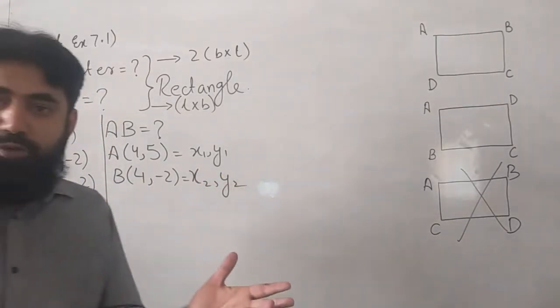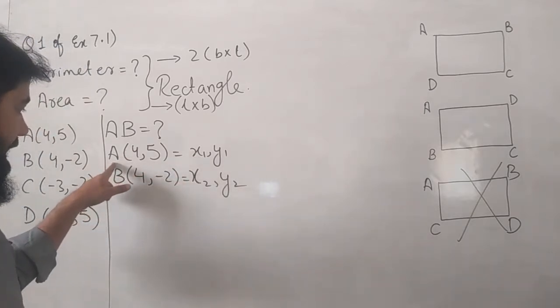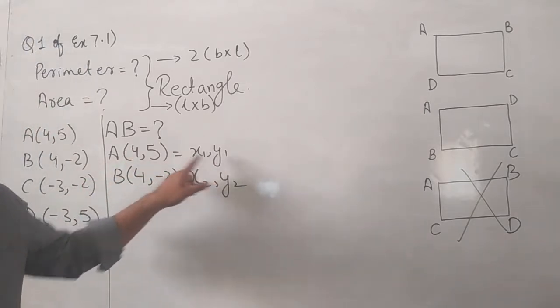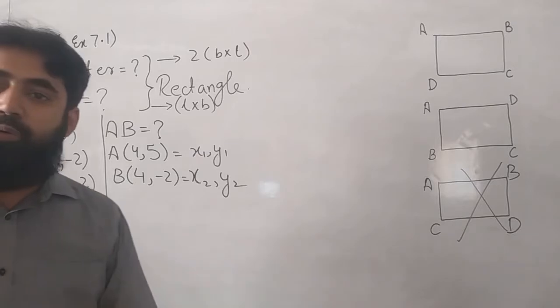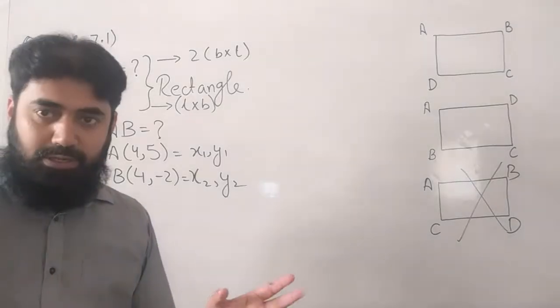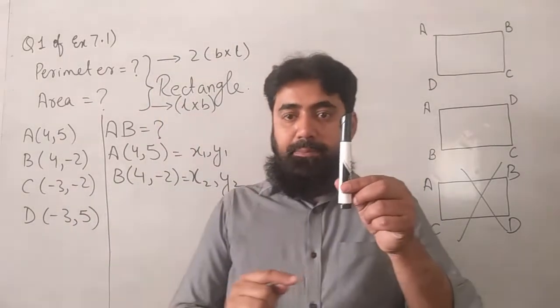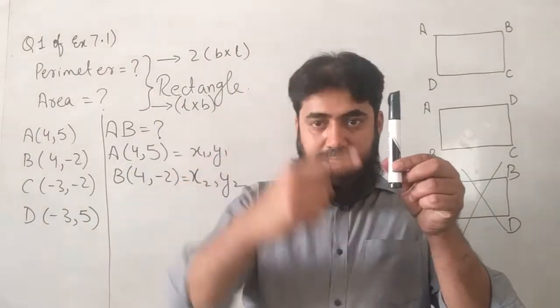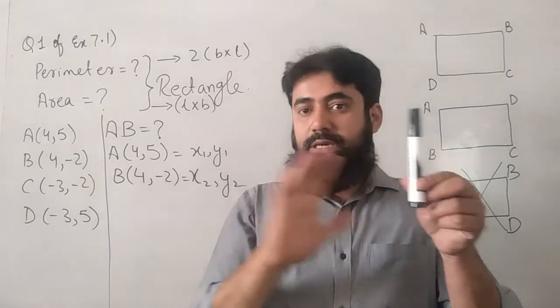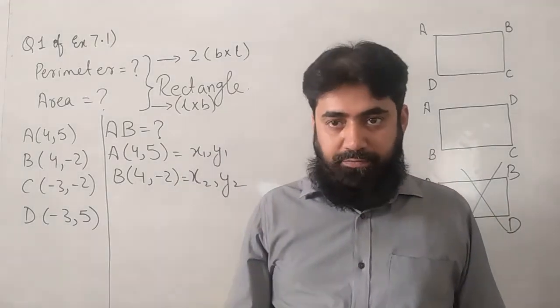It's your choice. You can write A as x2, y2 and B as x1, y1. It doesn't make any difference. Because if I have got this marker over here and I'm measuring its length from this to this or this to this, it's the same thing. There is no difference in that.